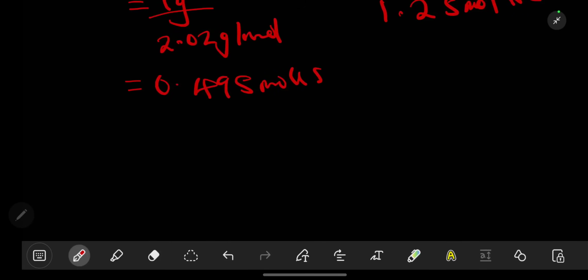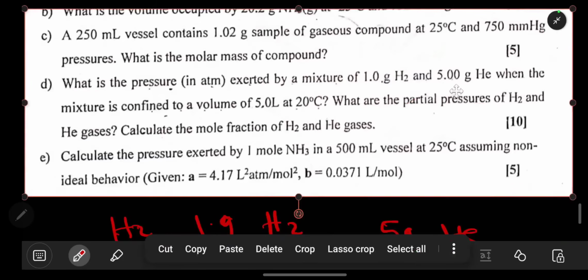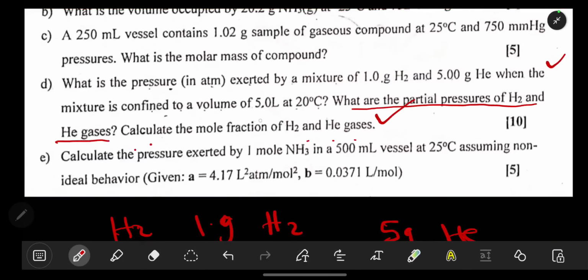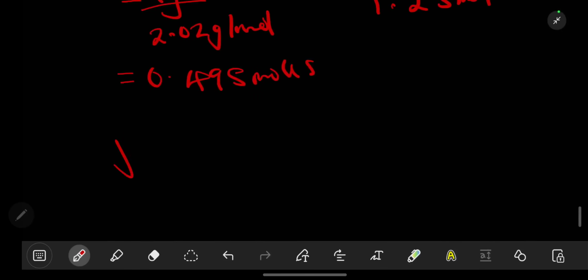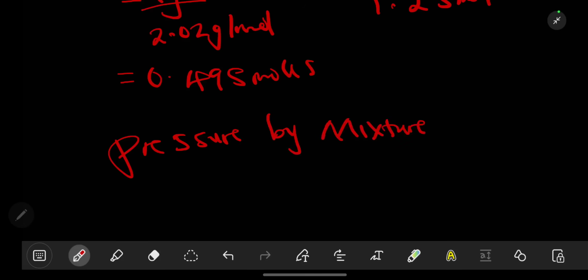From here, we can go direct to find the first part, which is to calculate the pressure exerted when the mixture is confined. What is the pressure exerted by the mixture, meaning the two? To find the pressure by the mixture, we can add the two pressures.